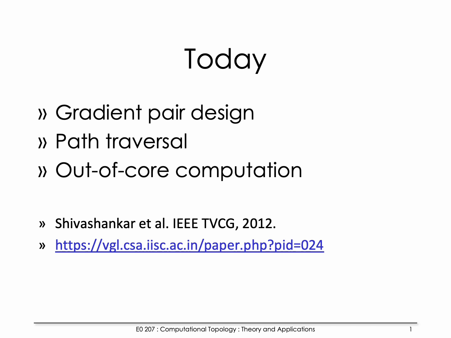We will talk about path traversal algorithms for computing ascending and descending manifolds, and finally we will discuss parallel approaches to these two steps of the algorithm, followed by an out of core computation.